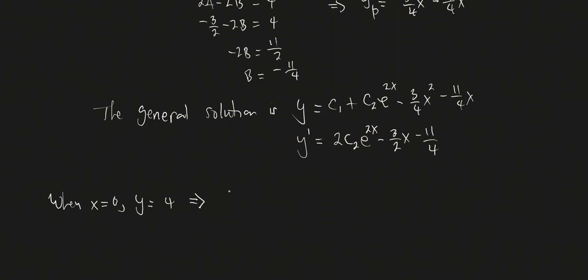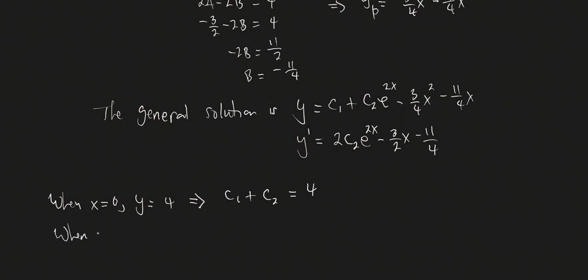So I have c1. X is equal to 0, so I end up with e to the 0, so that's 1. So I have c2. Both of these terms involve x, so they both get eliminated. So I have c1 plus c2 is equal to 4.